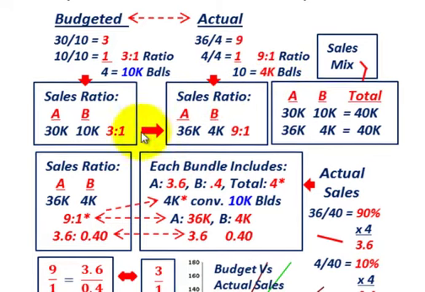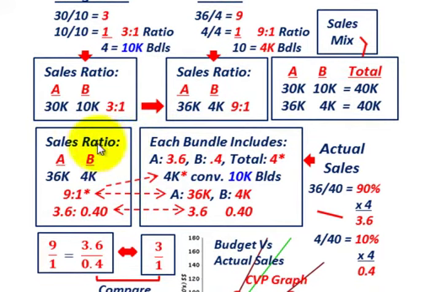So this is where we're going to have to do some conversion. We don't have to do the conversion; the numbers all come out the same when you do your analysis, but I'm doing it here just to put them on an even keel. For our actual sales, that was the 9 to 1 ratio that we calculated.